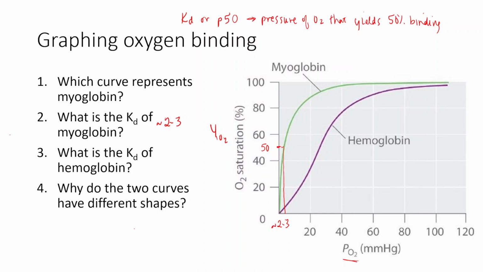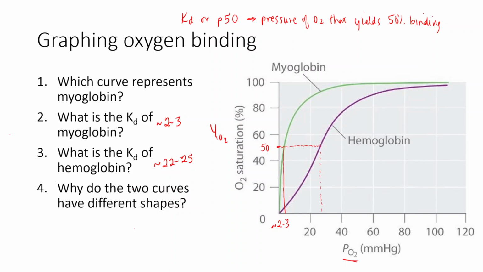If we extend our 50% over to our hemoglobin curve and drop down a vertical, it's somewhere around maybe 22 to 25. As you saw in the video, this curve shifts depending on the pH of the environment and other factors. So this is sort of approximate. That's why we have ranges here, especially for hemoglobin.